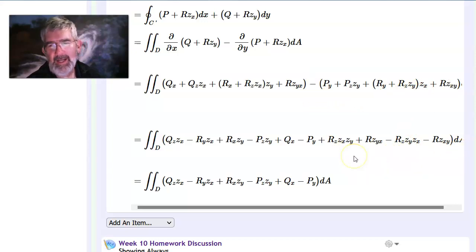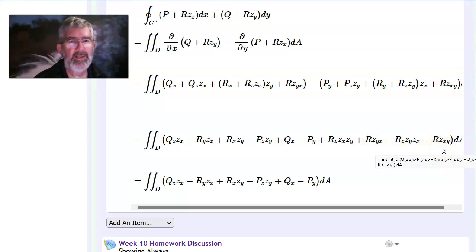Okay, and I want to point out that this term and that term are the same except with the opposite sign in front of them. And this term and that term are the same because Clairaut's theorem says that f sub xy is the same as f sub yx, right? That the mixed partials are equal if they're continuous, and we assumed that we had continuous second partials.